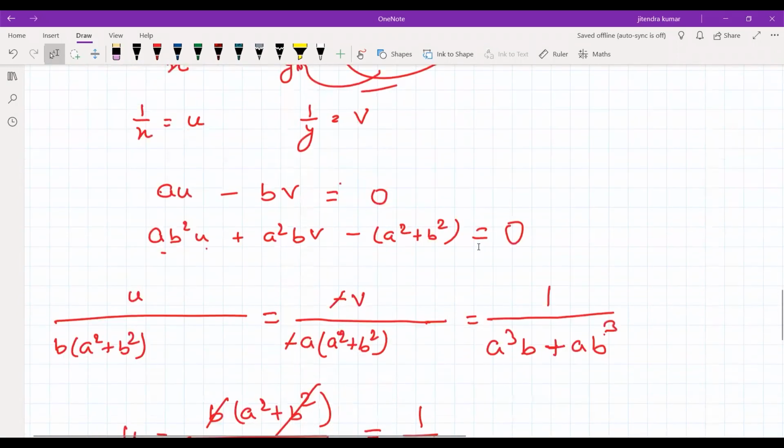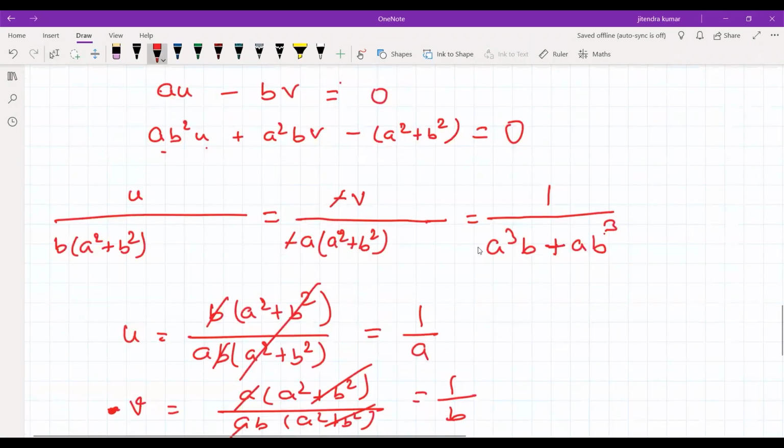Okay, now in the next step I have applied cross multiplication, so u will be equal to, at the place of x I have written u here, so u upon, now in this column we don't have u to use, so minus b will get multiplied with minus into minus of a square plus b square, so minus into minus will become plus here, I have not written it there, and it will become b into a square plus b square.